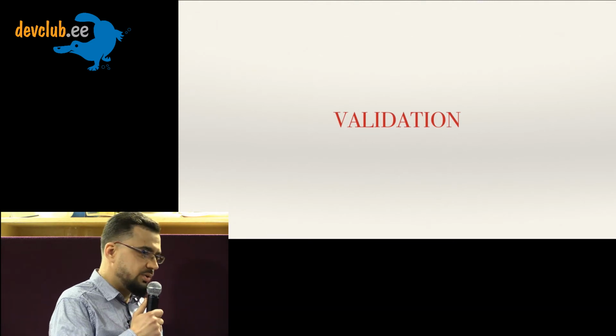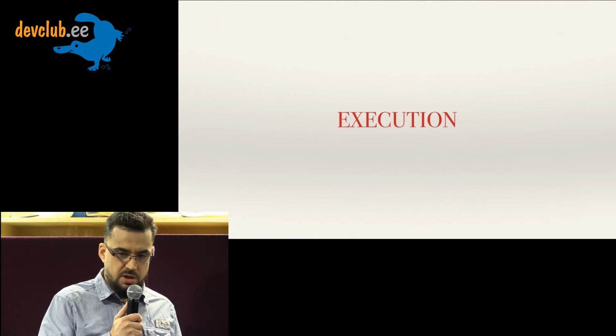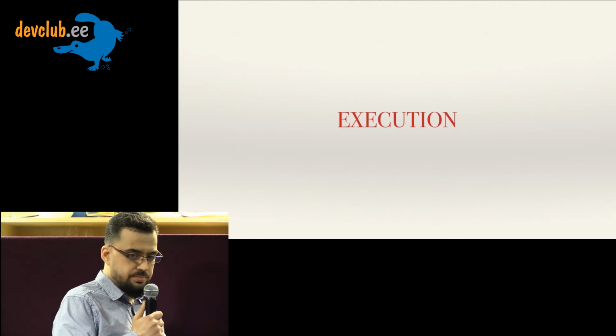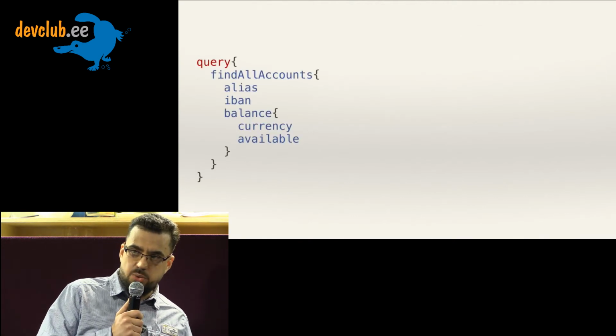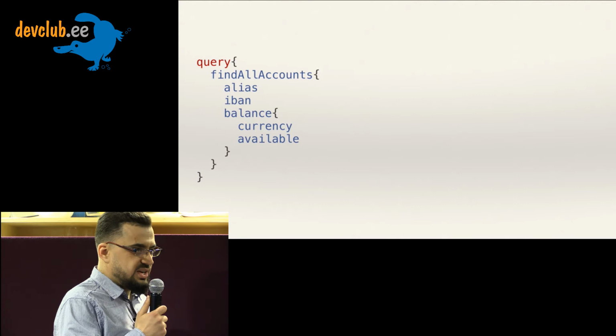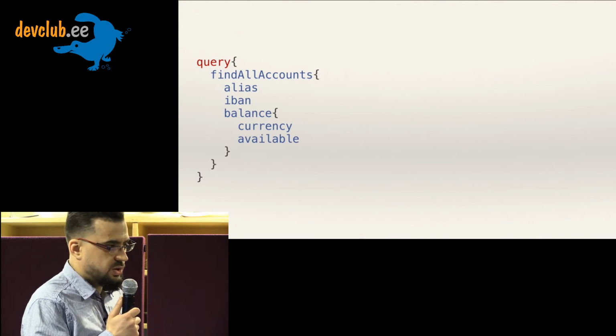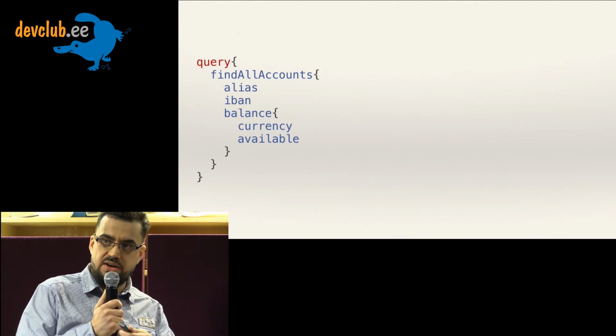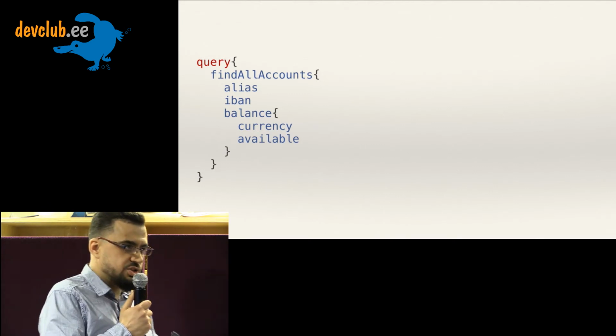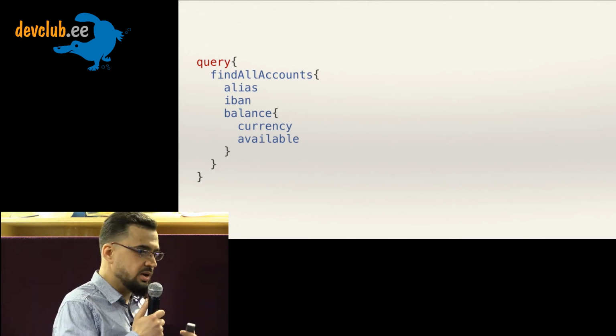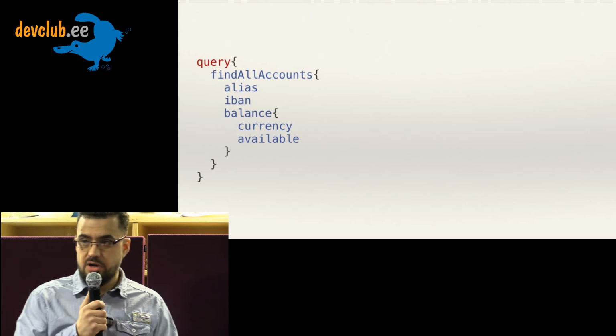When the query is validated, the execution begins. This query that we composed, we may think of it as calling fields like methods or functions on the types. Indeed, it is so.